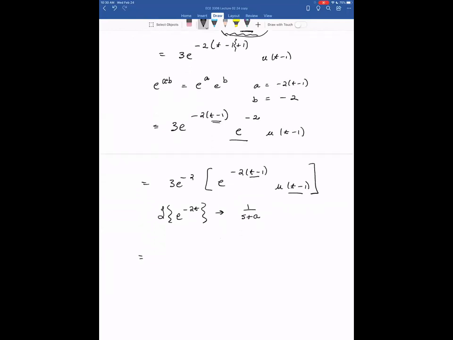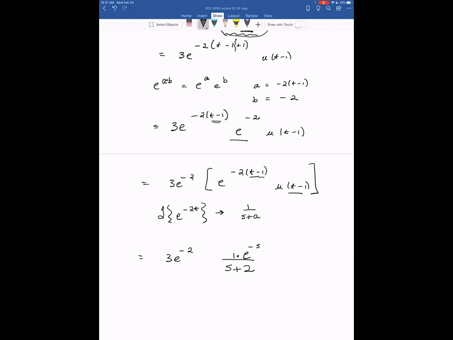So pull out the constant 3e to the minus 2, just the number. Then if we were to transform that with no time shift, it would be 1 over s plus a, and a is 2. But then the time shift adds this e to the minus s. Why is it s?